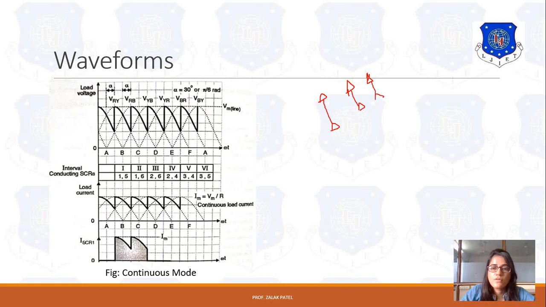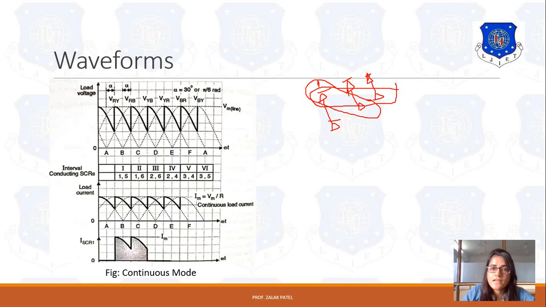Because of this configuration of the full wave converter, at a time SCR 1 will conduct with SCR 5, or it will conduct with SCR 6. So it can be either 1 and 5 or 1 and 6.